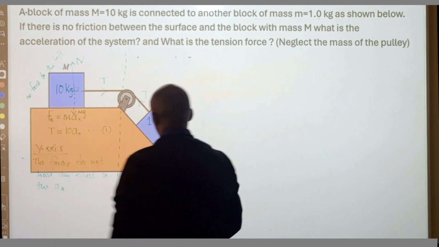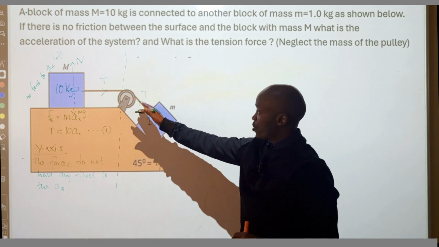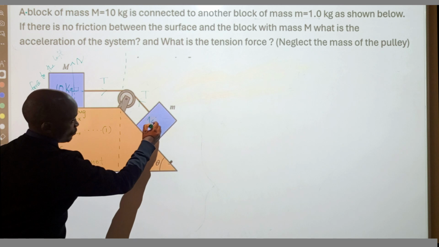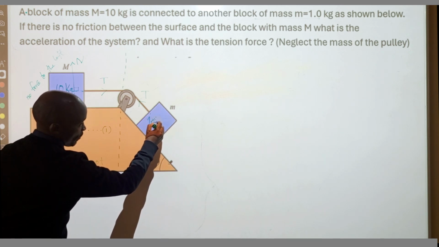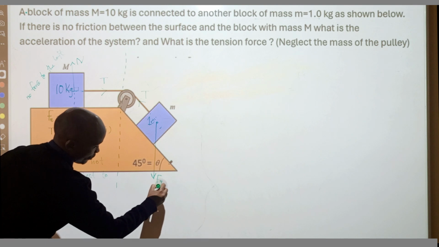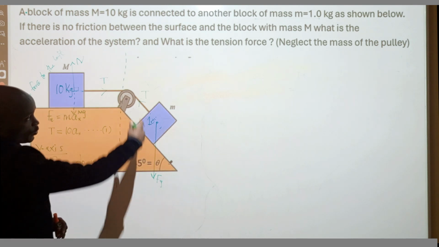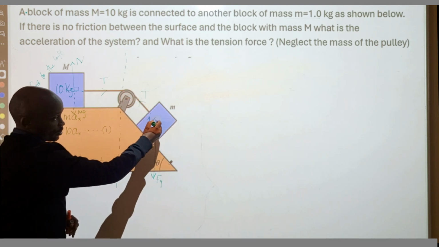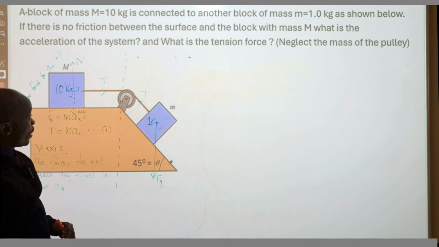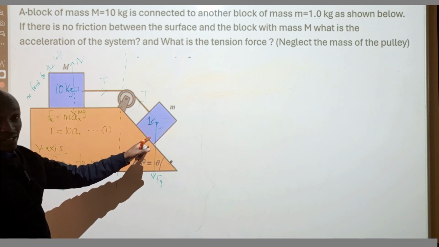so on this other system, system 2, we have first of all the weight. This weight is directly downwards, so the Fg, and of course we have this tension in this direction. So we need a way to combine these two. And if this system is accelerating, it's because of this mass here.